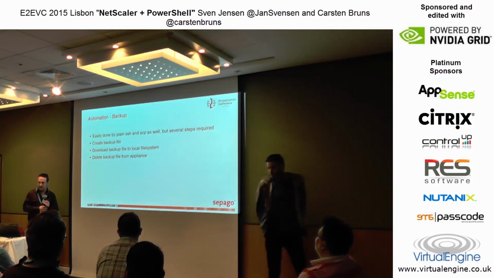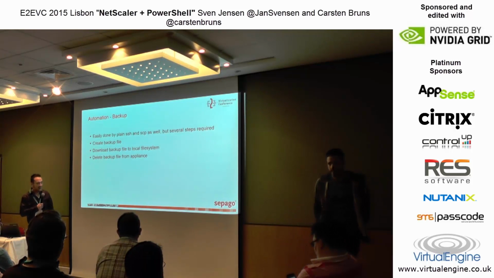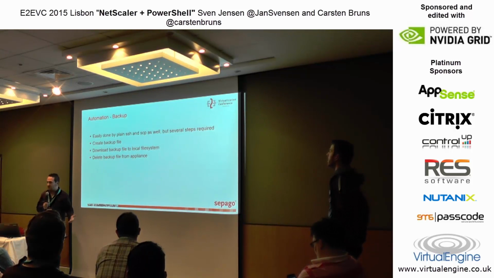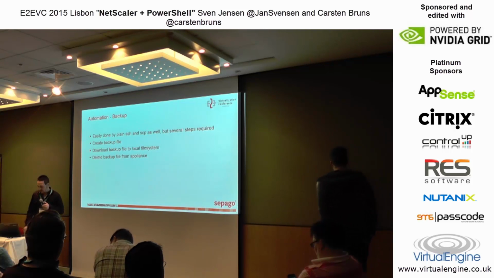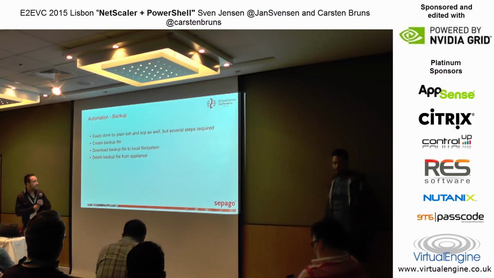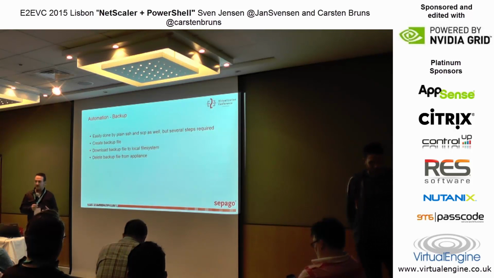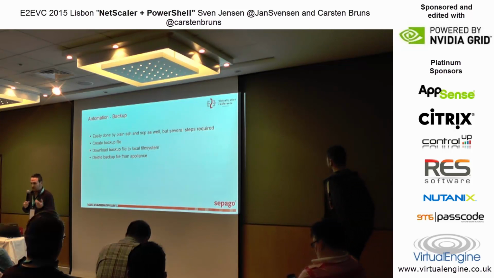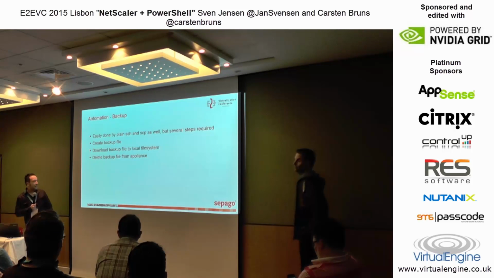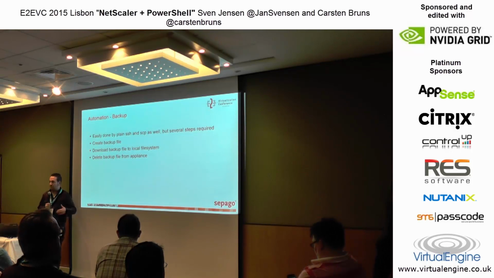What we want to do is automatic backup, because every customer wants to have a backup, and we want to have a backup too. So what we can do is create a backup file and copy it to our local file system, to a file server or something like this, so that the normal backup mechanism will work for you.